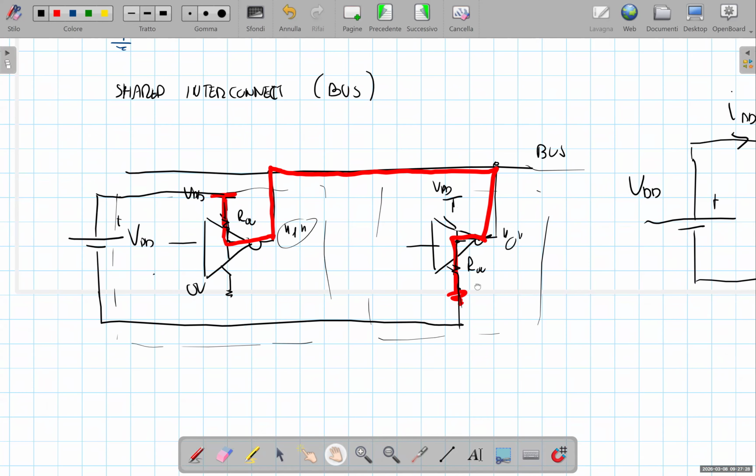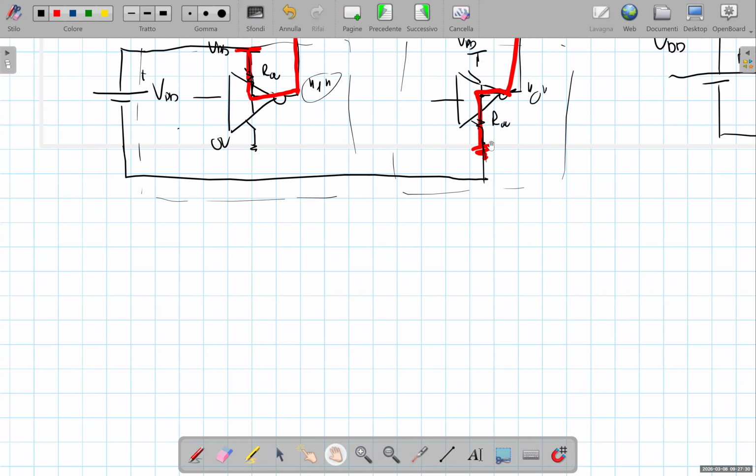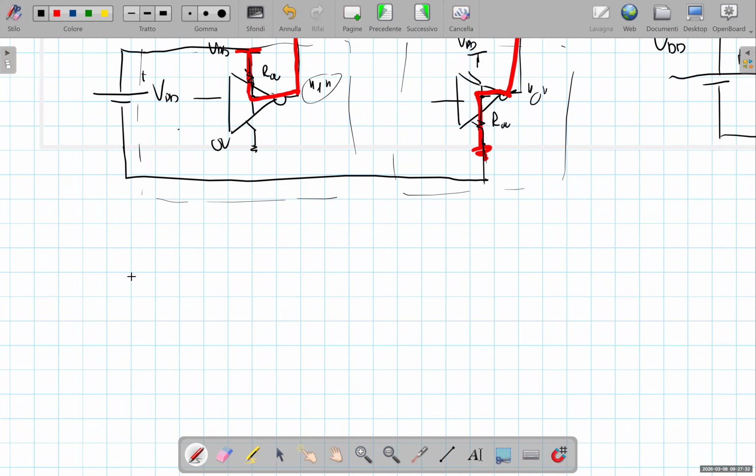If we have to drive a shared interconnect, we need to devise other solutions. In practice, there are two solutions that can be adopted. The first solution is to adopt a so-called three-state output.